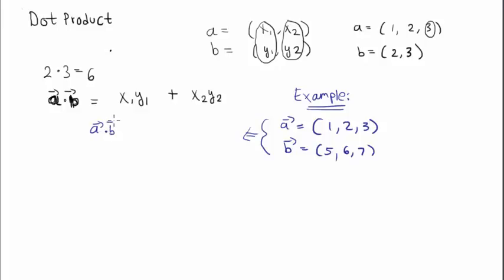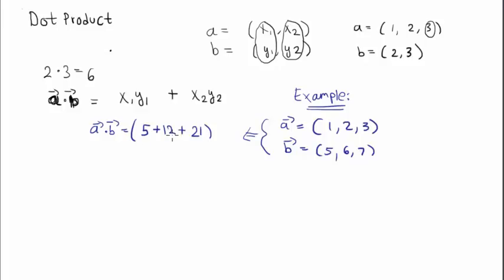Well, we'll follow the same formula as before, but instead of 2 coordinates, we have 3. So it'll be 1 times 5, which is just 5, plus 2 times 6, which is 12, plus 3 times 7, which is 21.